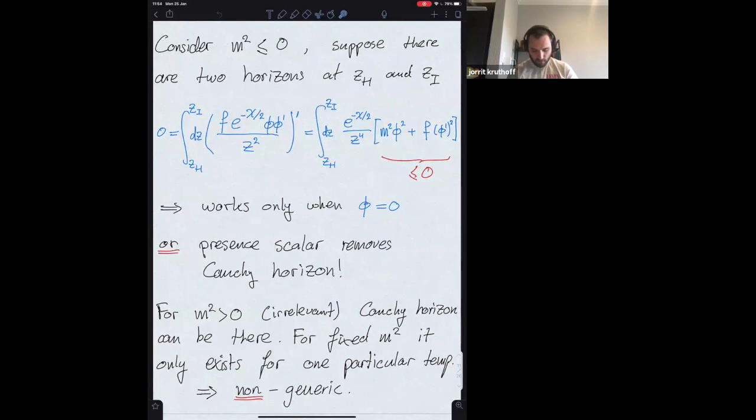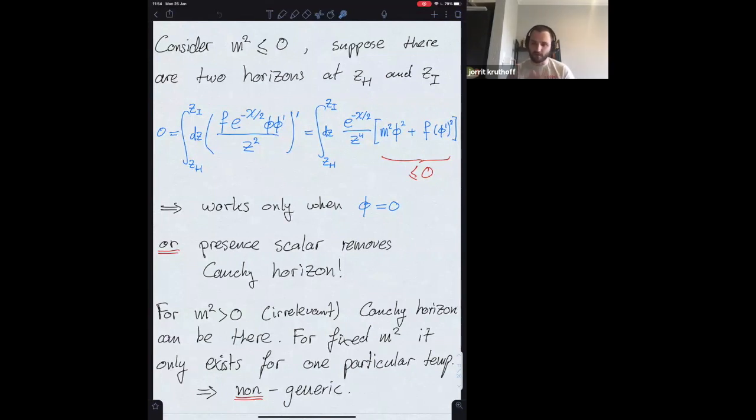And as Juan was asking about irrelevant perturbations, here for m squared positive, the Cauchy horizon can be there, but it's sort of in a non-generic fashion, because for any fixed mass squared, it only exists for a very particular temperature.